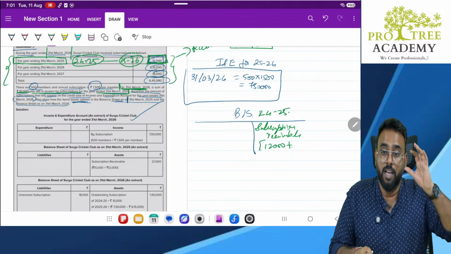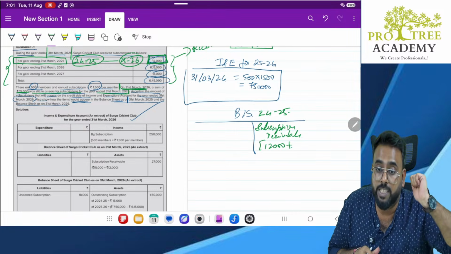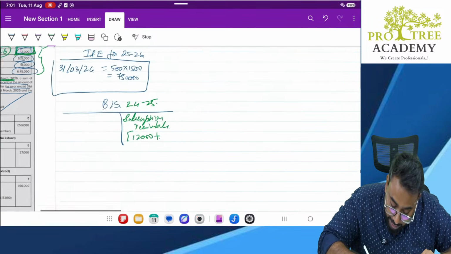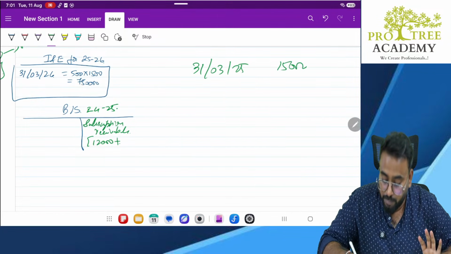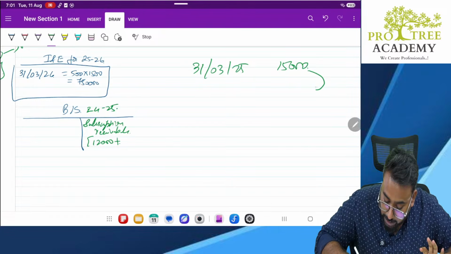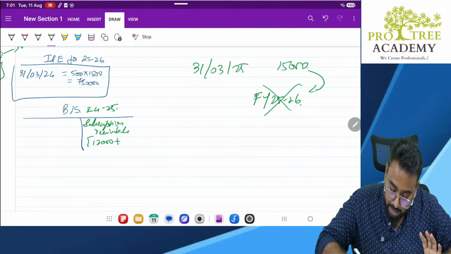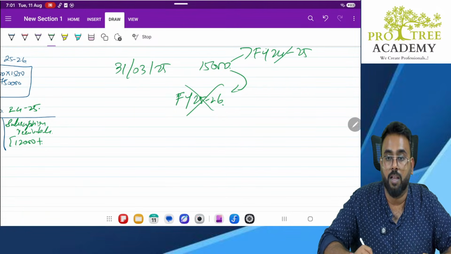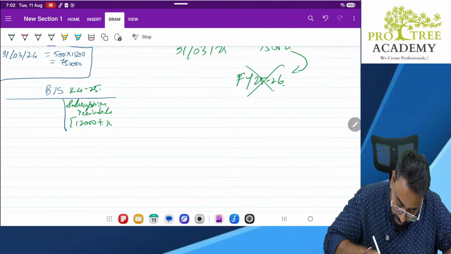That means still 15,000 receivable, and that 15,000 belongs to 31st March 2025. That means as on 31st March 2025, 15,000 was receivable, and this was not received even in the financial year 25-26. In financial year 24-25 also it was not received. So it is still outstanding.